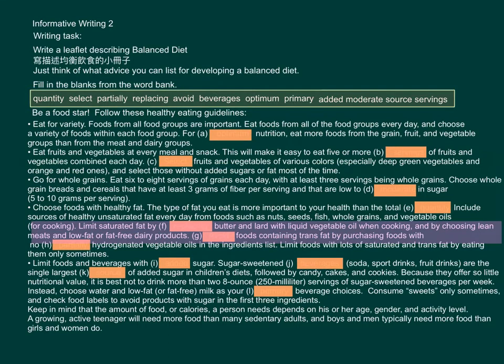And by choosing lean meats and low-fat or fat-free dairy products, G foods contain trans fats by purchasing foods with no H hydrogenated vegetable oils in the ingredients list. Limit foods with lots of saturated and trans fats by eating them only sometimes.